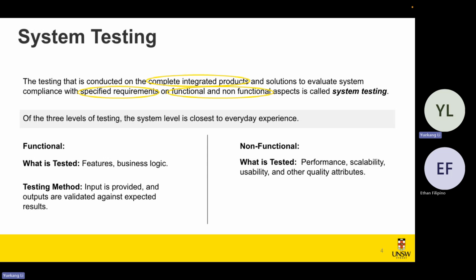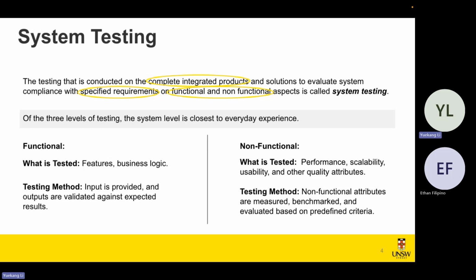Instead of testing the main features or main business logic, we care about other aspects which can affect the performance of the system in the real world, for example scalability, usability, and other quality attributes. Normally for these attributes, we don't have a golden standard to tell us whether there's a bug or not, so we have to evaluate them on some other performance criteria.